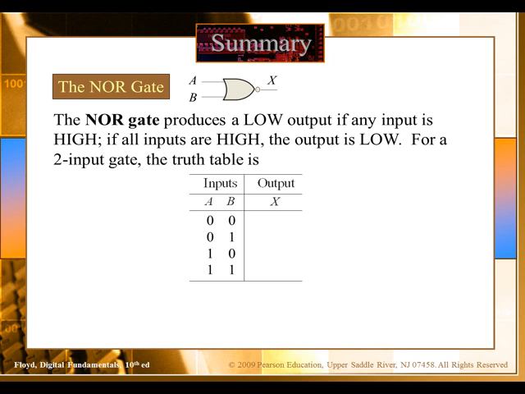The NOR gate produces a low if any of the inputs is high. First one, of course, high. But it will give you low anytime you have one input high. Every time it will give you 0 here, because there is a 1 here, there is a 1 here, and there are two ones in the last one, so you will get zeros.